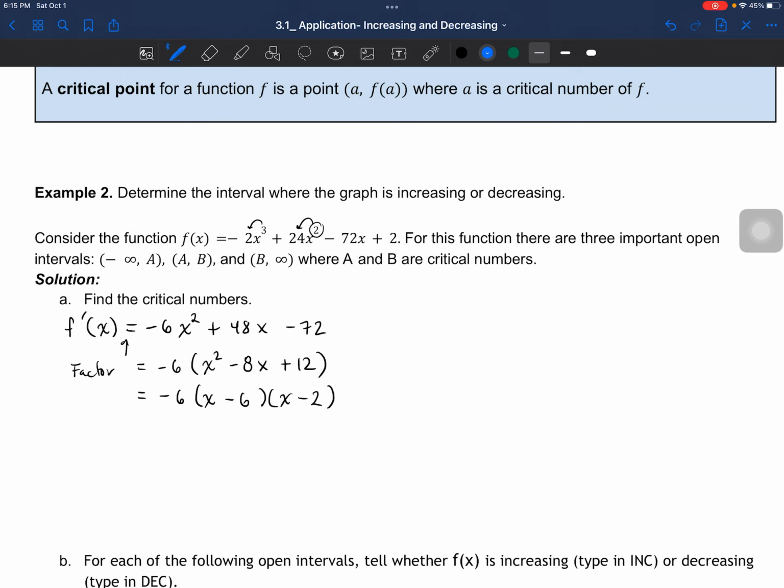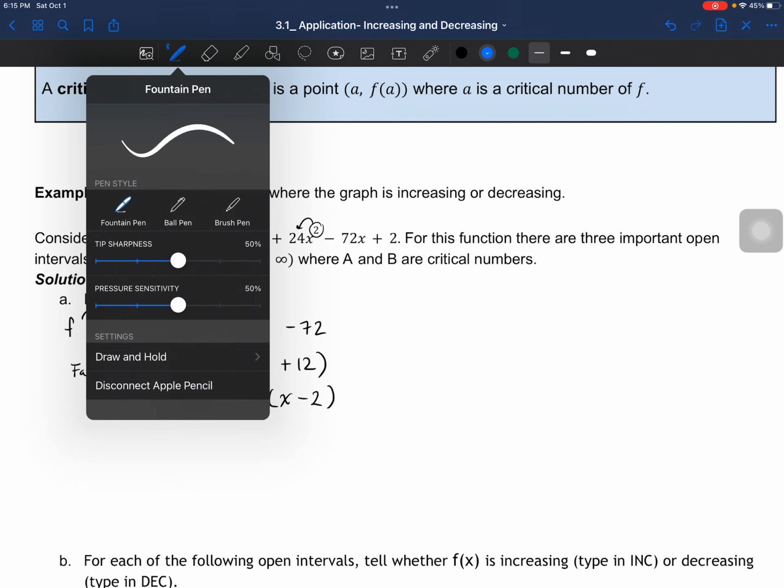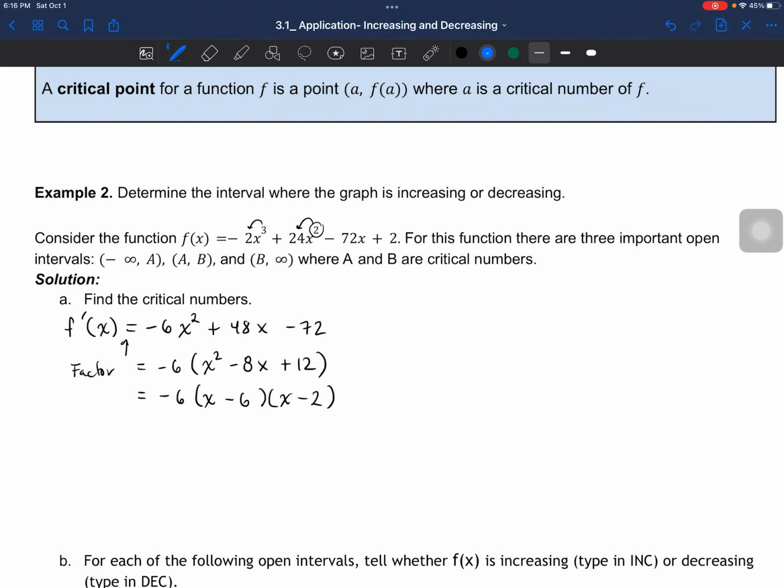The reason we factor this is that we're going to find the critical numbers, and this happens whenever the derivative is 0. So the first case is for the derivative to be 0.